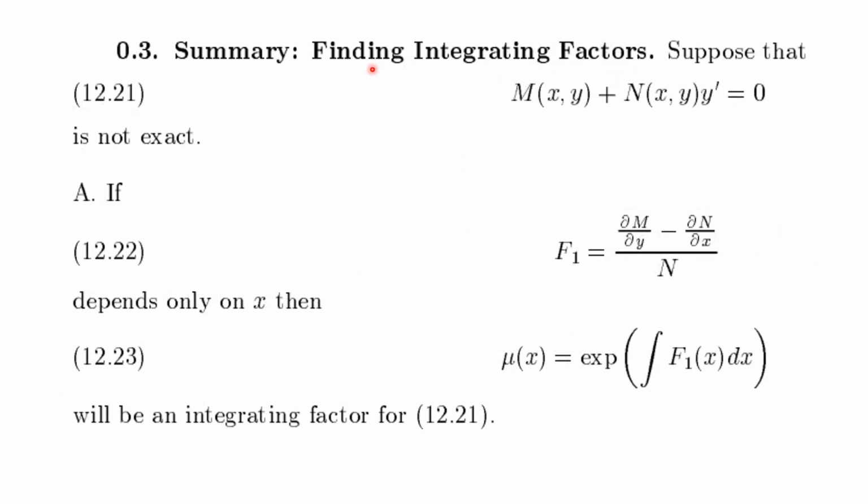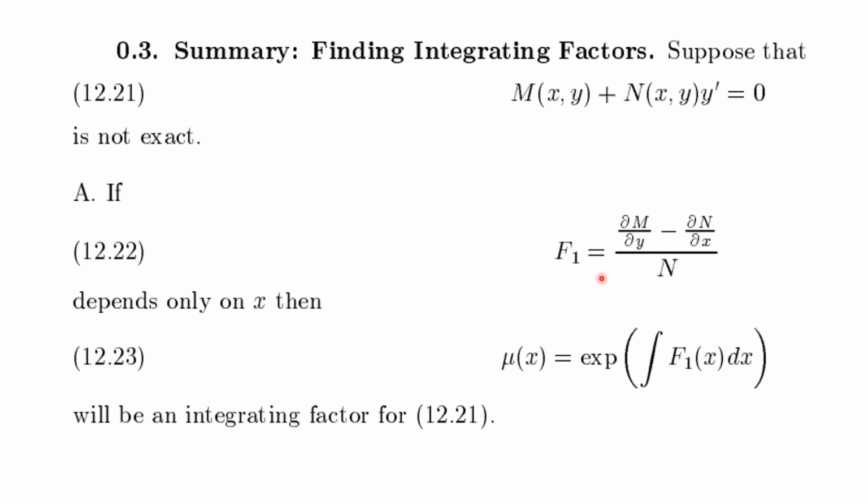So summarizing then the ideas about integrating factors, we are trying to solve m plus n y prime equals 0 that is not exact. But what we will do is calculate f1 and f2.